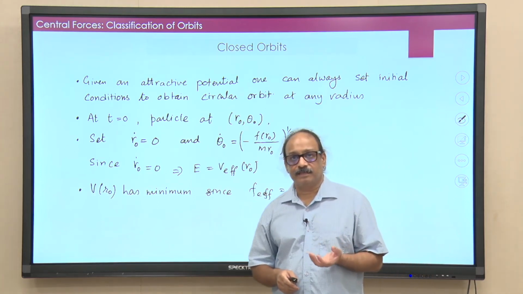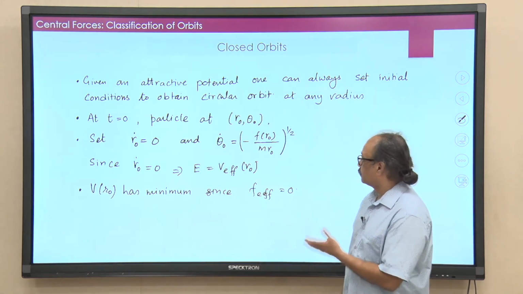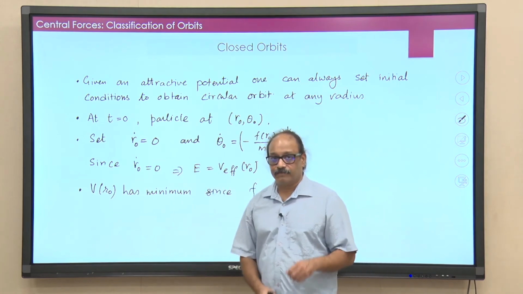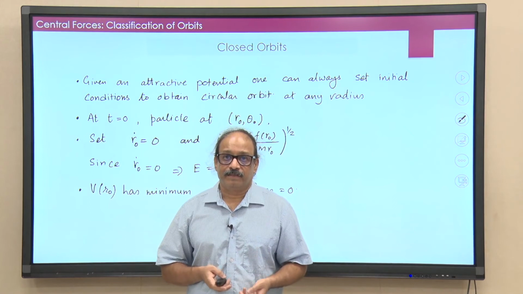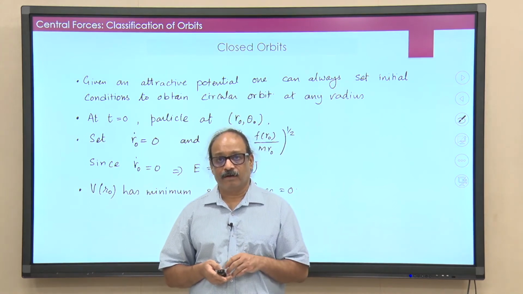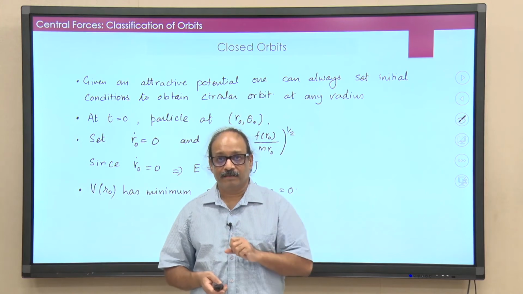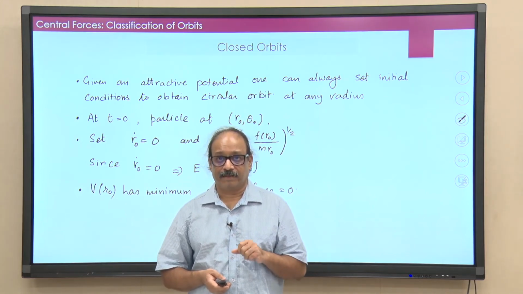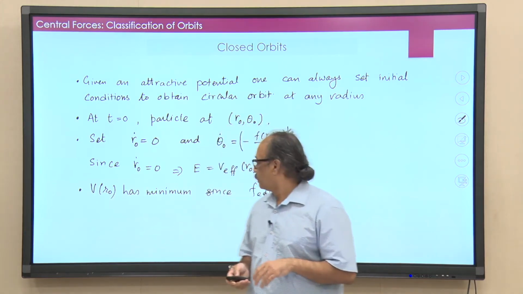So, if both these conditions are satisfied, then it does not matter where you want to start the motion. I have given you a prescription. This is useful, for example, when we send satellites into orbits: you take them using rockets to a point on the orbit, and then you have to give some direction, some projection to it, so that it continues to stay in the orbit after that.